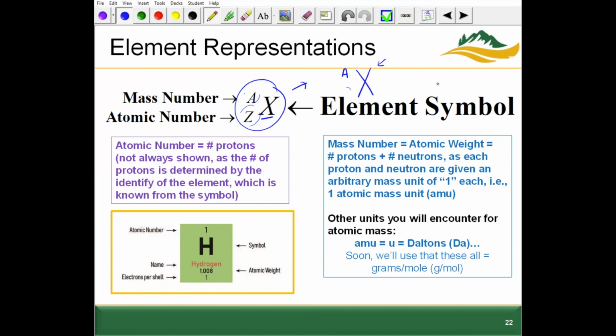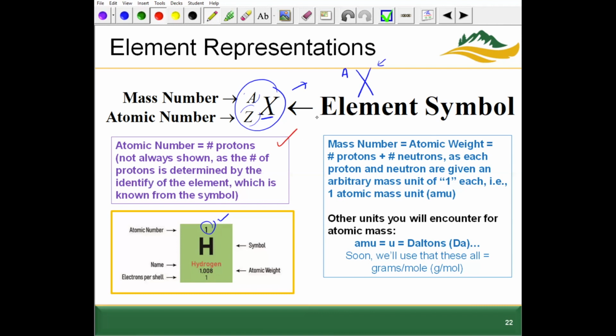Then we go to the periodic table, and then we find its atomic number. So this number is not always listed, so be careful with that too. But we can find that number just based on the element symbol. Then we go to the periodic table and we find the atomic number. That's the number of protons. So that's here textually what I just mentioned.